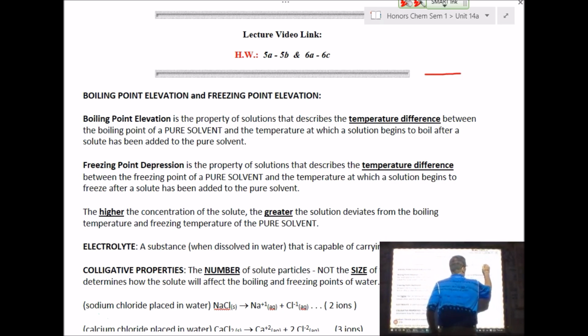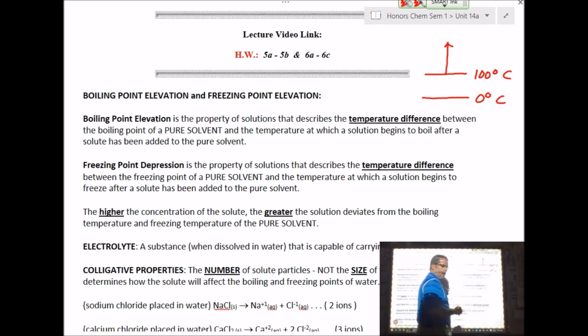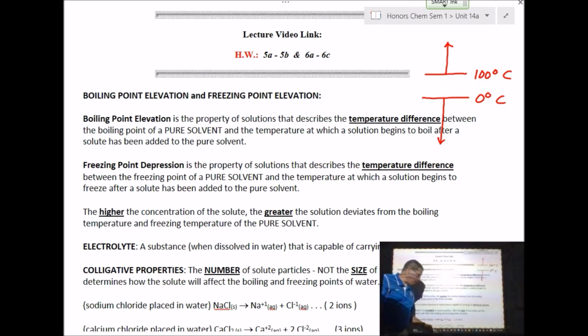What temperature does water boil at? 100 degrees. And water freezes at 0 degrees Celsius, very good. So what that means is if we add something to the water, it'll raise the temperature at which it boils, or it'll lower the temperature at which it freezes. And this is important because that's one reason why we throw salt on the roads in the wintertime.